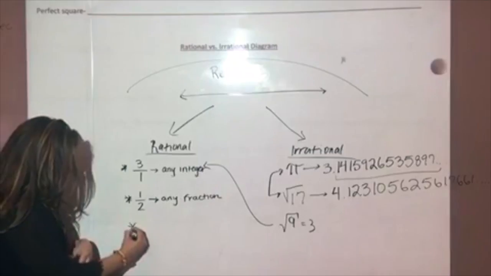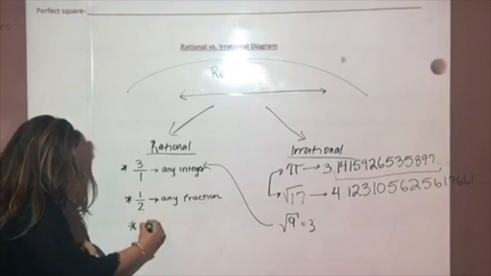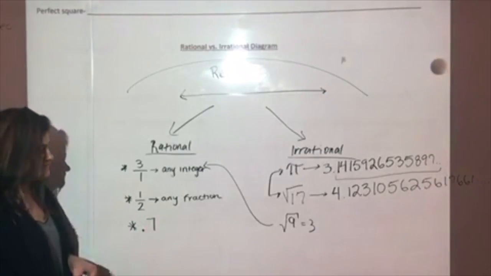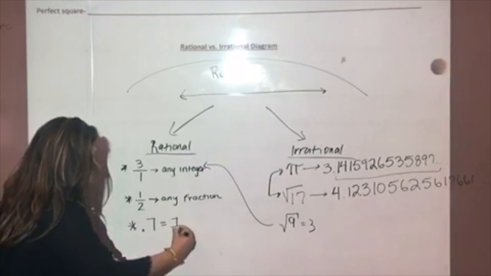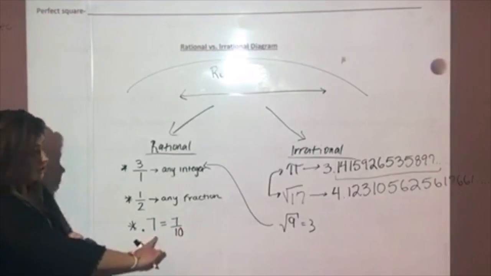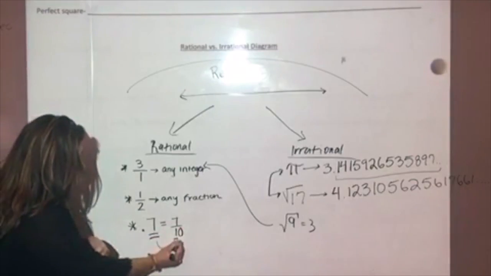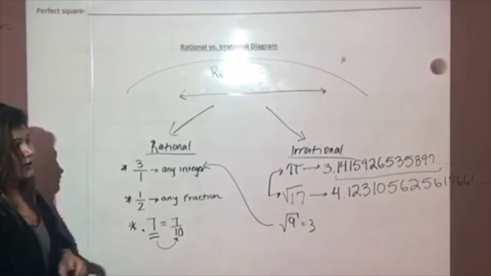So if we have a decimal, such as 0.7, we can rewrite that as 7/10. Because the decimal terminates, we can look at the place value and simply rewrite it as a fraction using that place value.